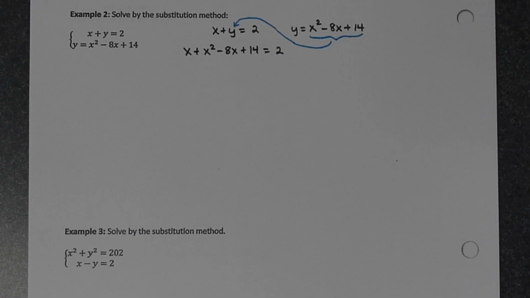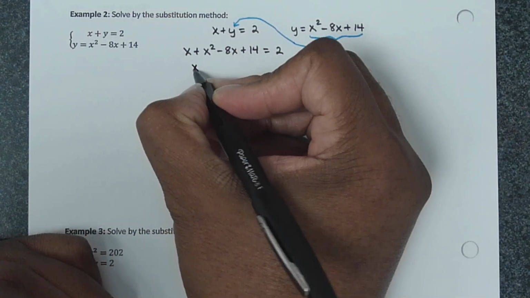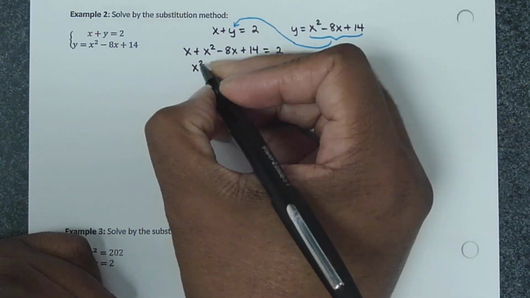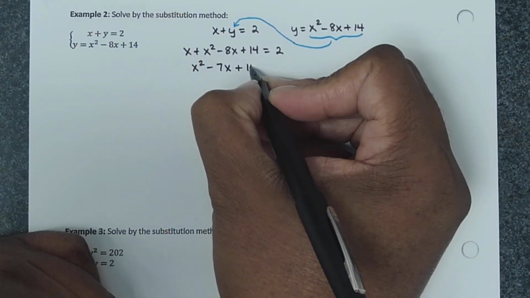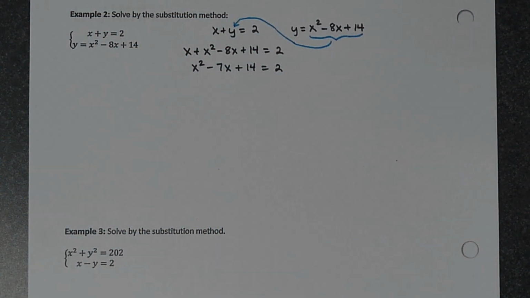Now I'm going to go ahead and combine like terms on the left-hand side. I'll bring down the x squared first because I want this in descending powers. 1x minus 8x will be a minus 7x plus 14, and that's equal to 2. Now, again, I have a quadratic equation where I can get a 0 on one side.